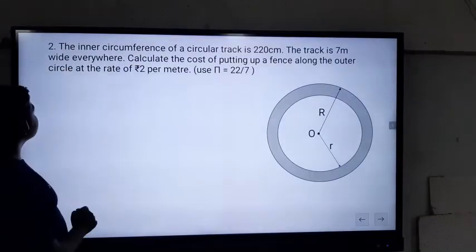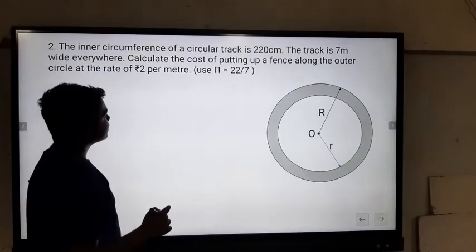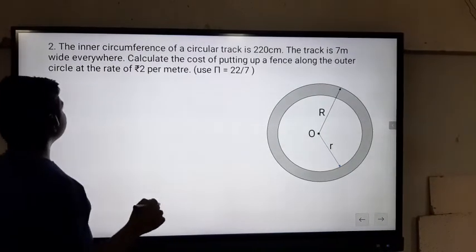So the next question is asking: the inner circumference of a circular track is 220 cm.